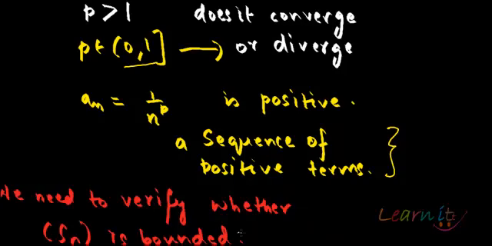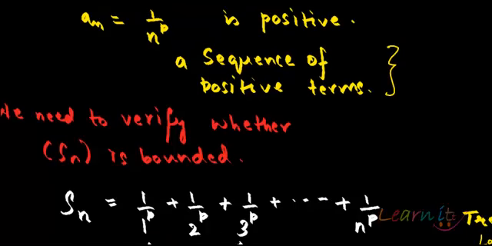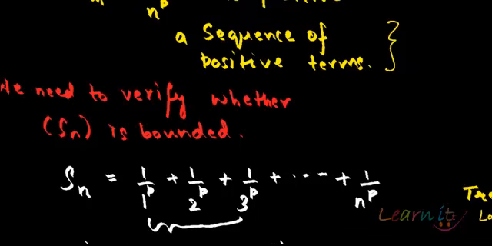What we need to find out, when you have a sequence of positive terms, is whether the series Sn is bounded or not. Because the moment you know that it's bounded, it will be convergent, because it is made up of a monotonic sequence, which is only a sequence of positive terms. That's by the theorem that we have done previously.